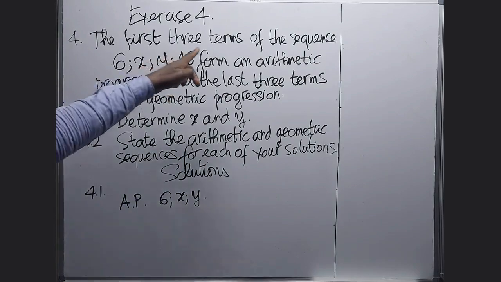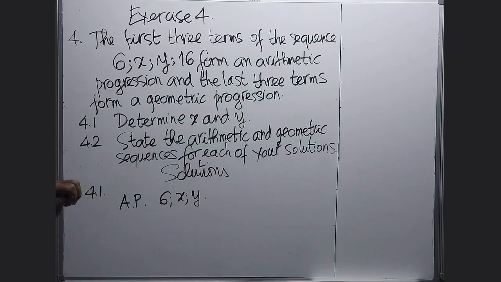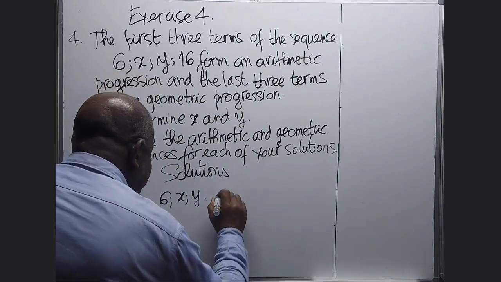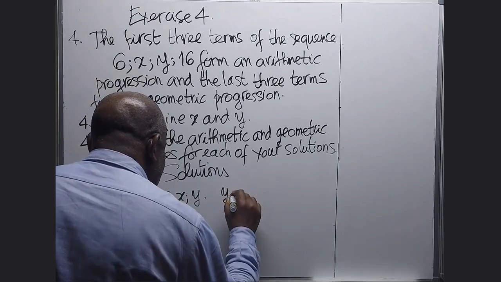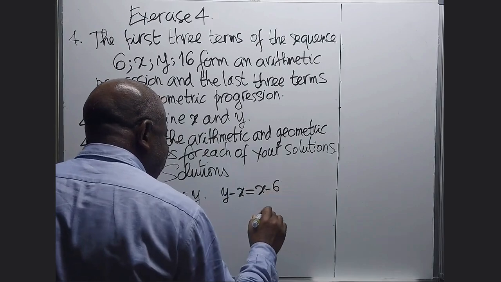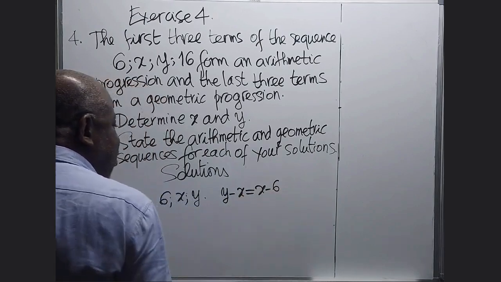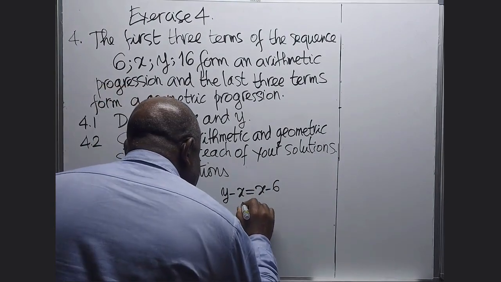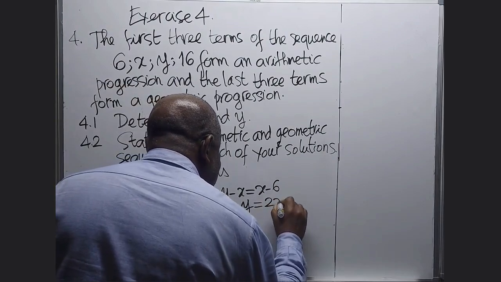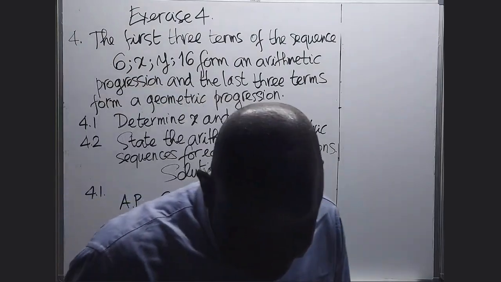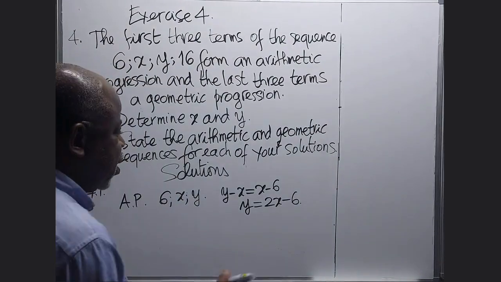Dealing with the arithmetic progression, we know that y minus x will be equal to x minus 6. And if we want to get y, y will be equal to 2x minus 6. This is for the arithmetic progression. We're calling this 1.